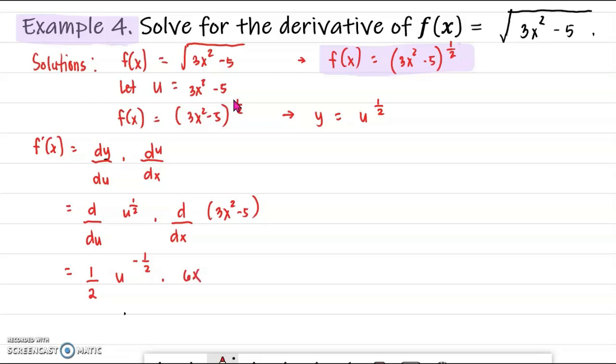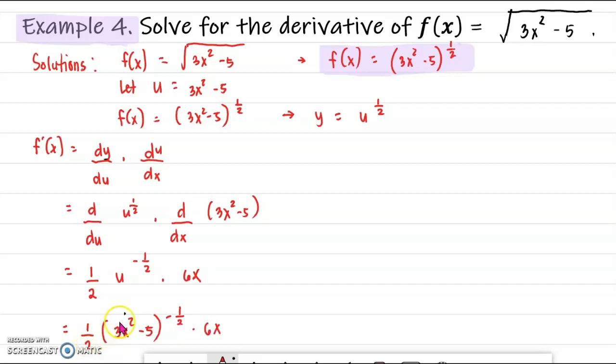Next step will be to substitute our predefined value of u, which is 3x squared minus 5. So we have here 1/2 times the quantity 3x squared minus 5 raised to negative 1/2 times 6x.